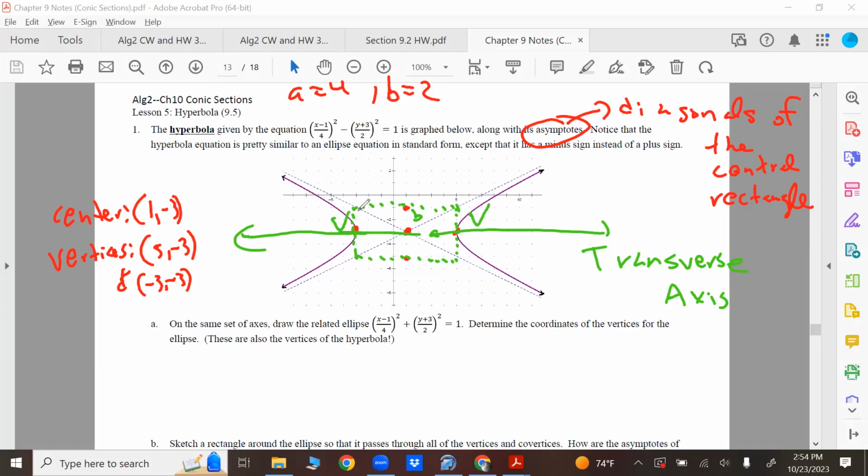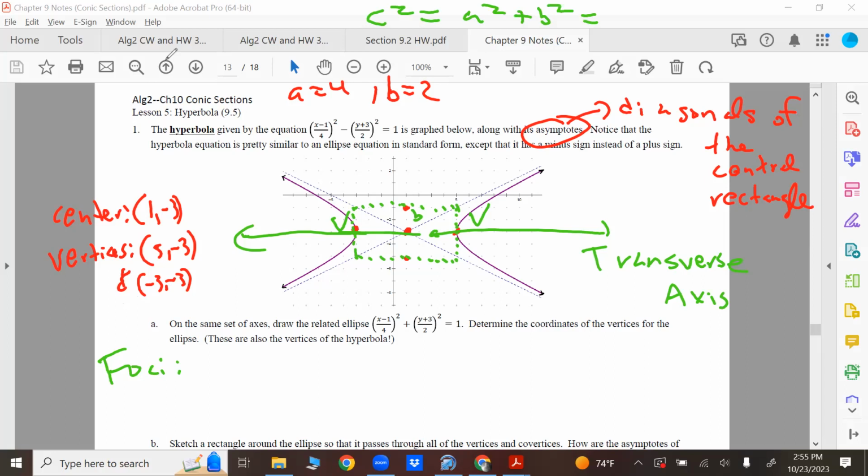You don't have a covertex necessarily. If you want to say covertex, you say it's the top if you want to. I don't know, you don't have to say that. The foci: so you're going to do c squared equals a squared now plus b squared.